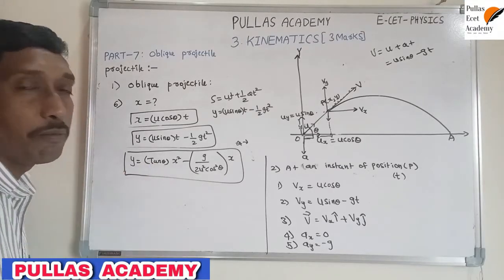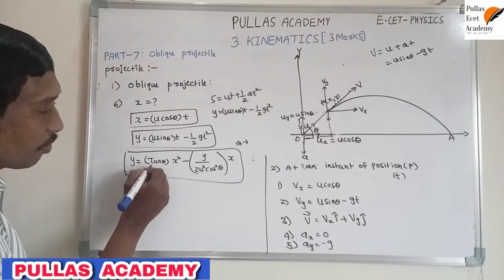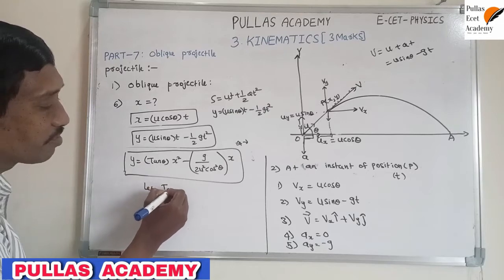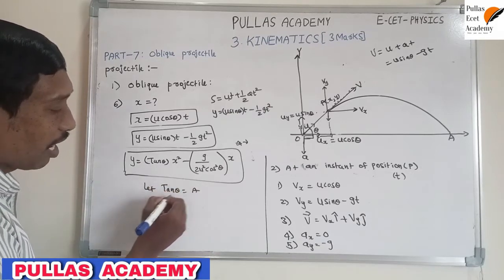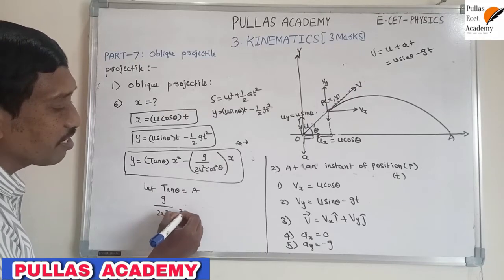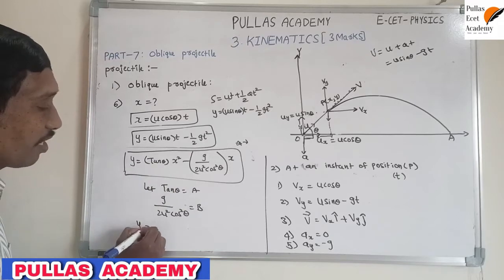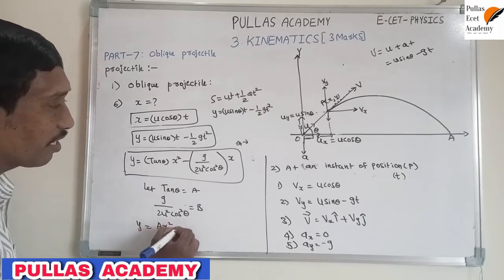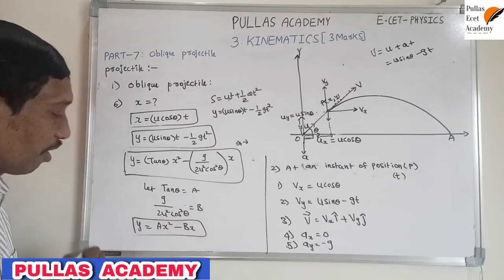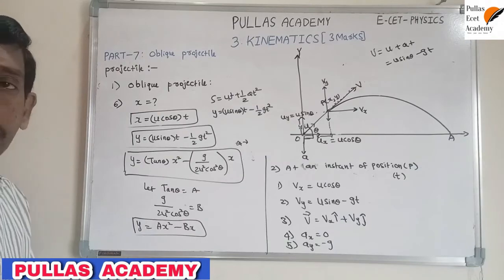Okay, in this formula you now have to understand tan theta. It is one of the constants, that's why we consider tan theta is equal to A, and g by 2u square cos square theta is similar to B. If you substitute these two in the equation, y is equal to ax minus bx square.